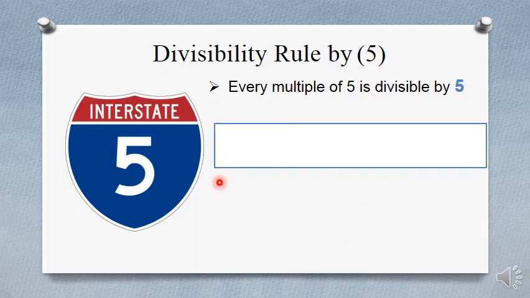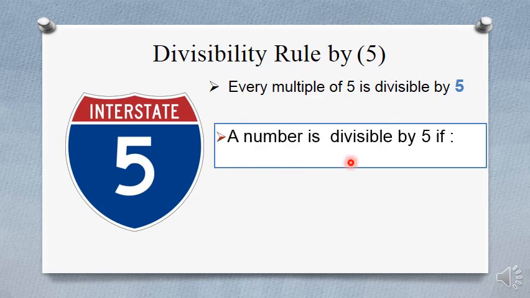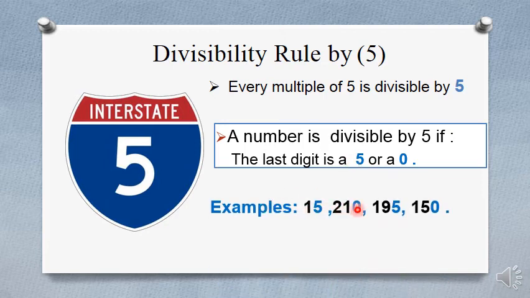So every multiple of 5 is divisible by 5, and the divisibility rule by 5: I can know a number is divisible by 5 if the last digit, which is ones, is 0 or 5. Examples, these numbers are divisible by 5.